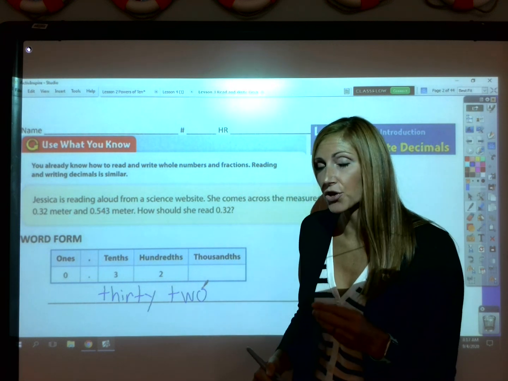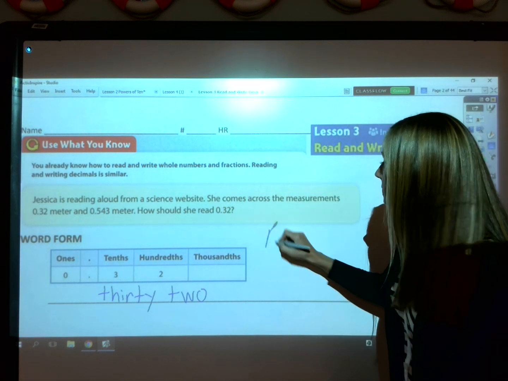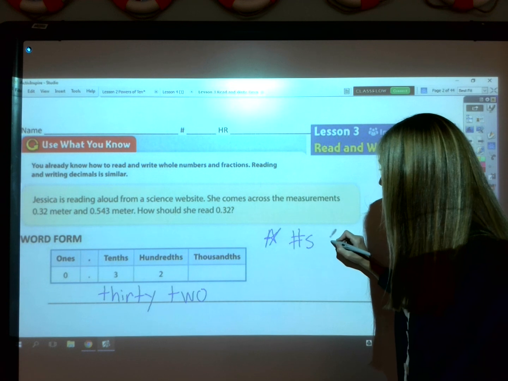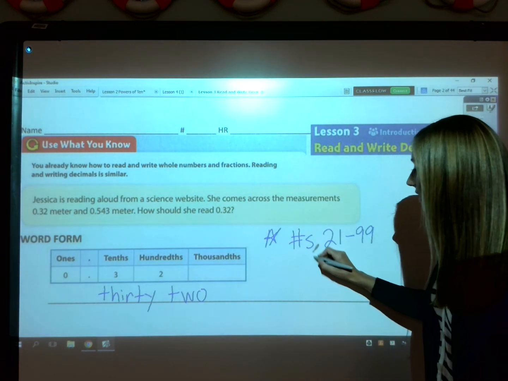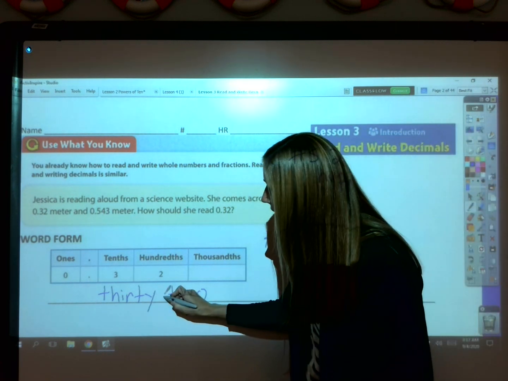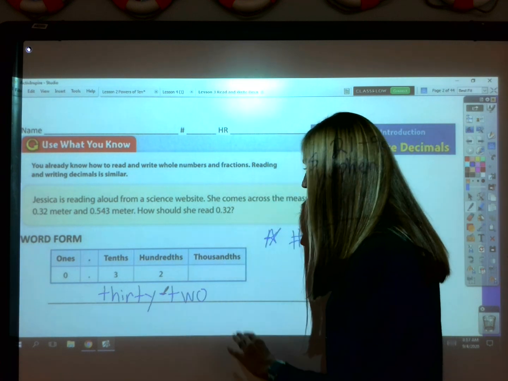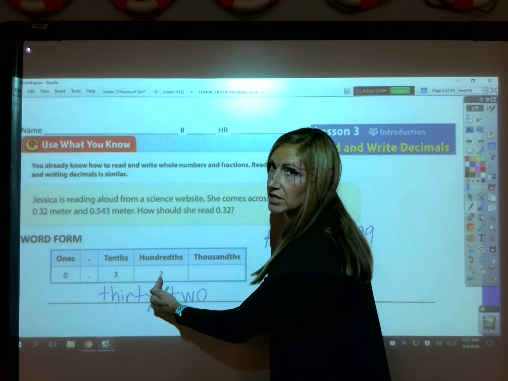And actually, there's also something interesting about our numbers that I'm going to make a special note here, that numbers 21 to 99 use a hyphen. So a hyphen is almost like a subtraction sign in between two words. So 32, okay, we have the digits, but now we have to say what place value it's in.